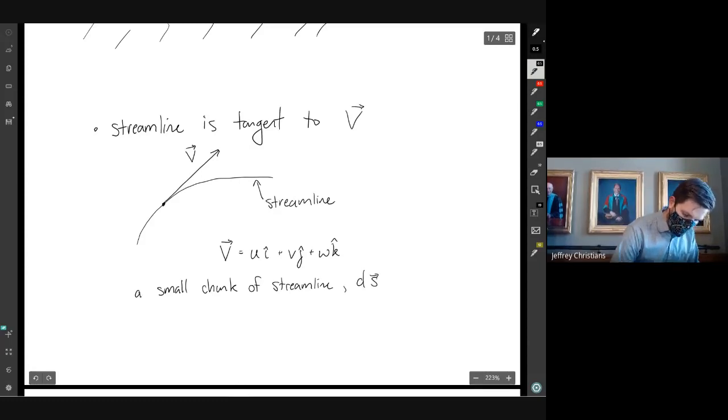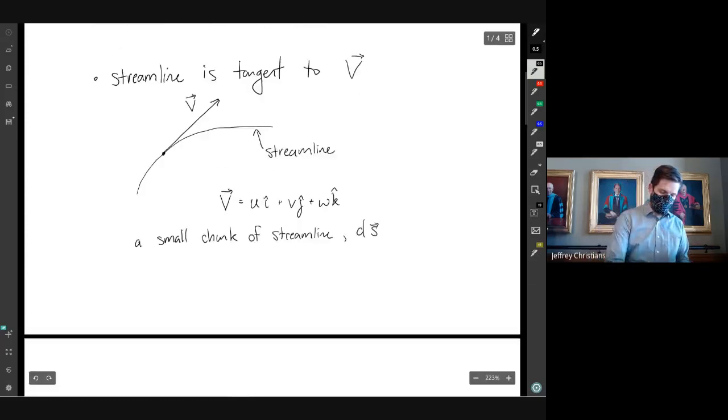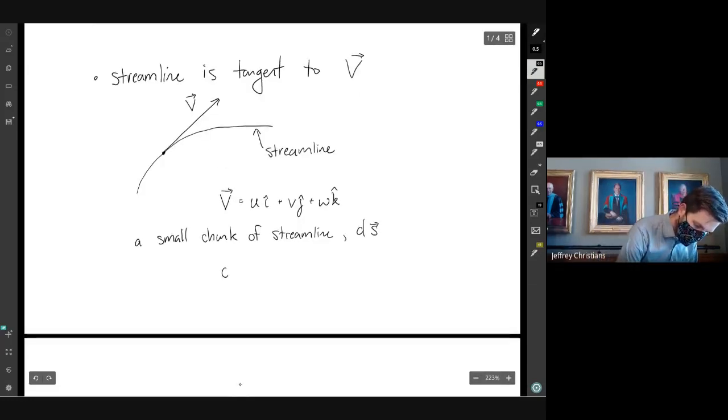We'll call that a really small chunk of the streamline, we'll call it the vector ds. It has to be pointing in the same direction, and it's going to have size dx i hat plus dy j hat plus dz k hat.